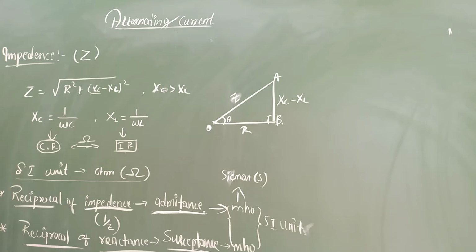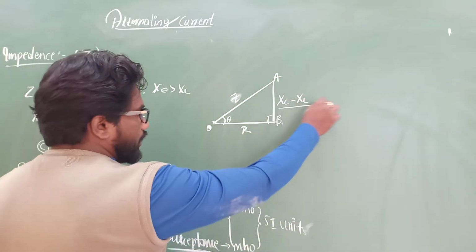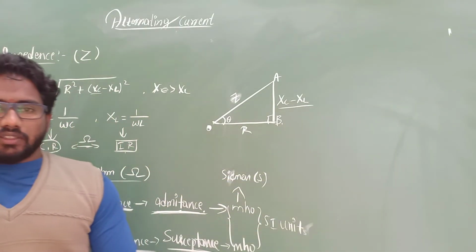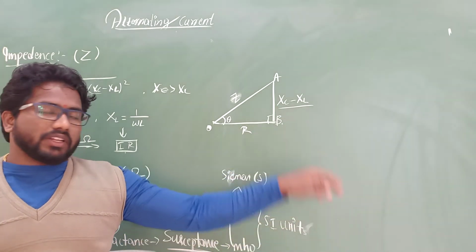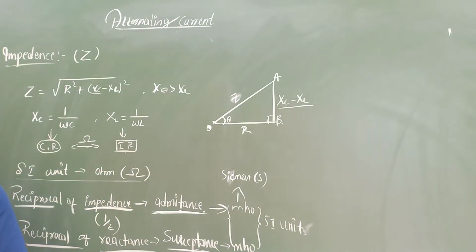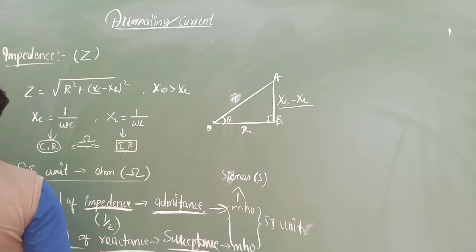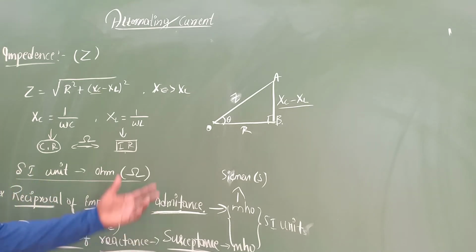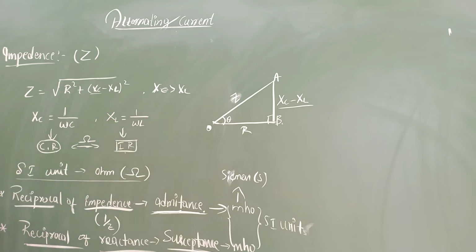Now, as I told you, XC is greater than XL, that's the reason we took XC minus XL. What happens if XL is greater than XC? That we will see next.